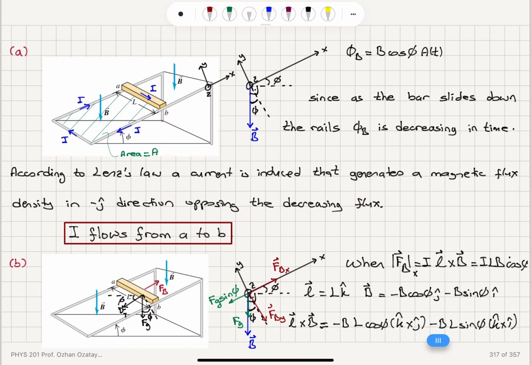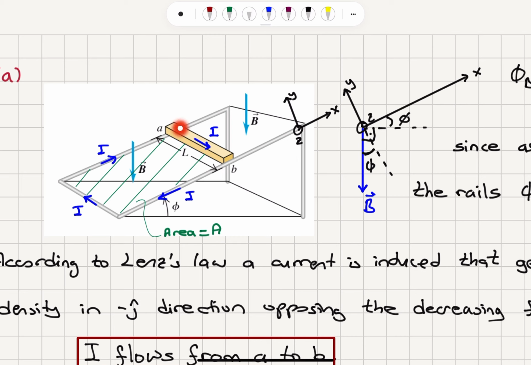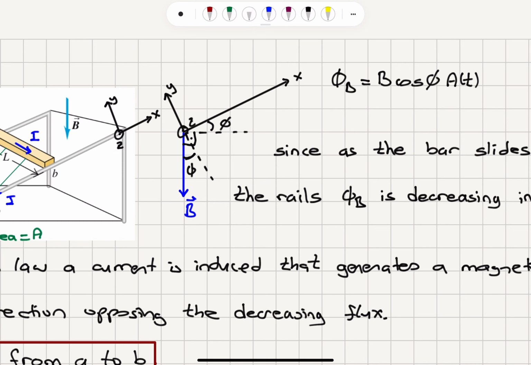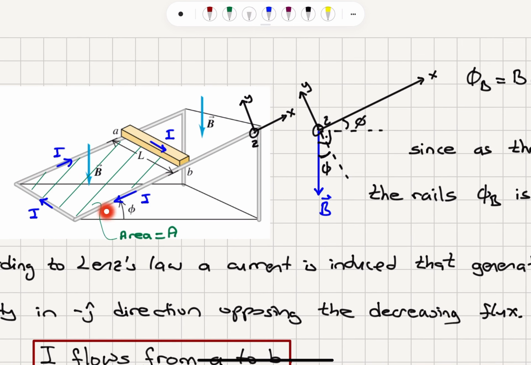Okay, so in this problem, I have a conducting bar that is sliding on these metal rails. The flux density is basically B cosine phi multiplied by the area, and since the area is decreasing, this flux in the minus j hat direction is decreasing, so we need to have an induced current that induces a magnetic flux density in minus j hat direction, which is basically achieved by a clockwise rotation.